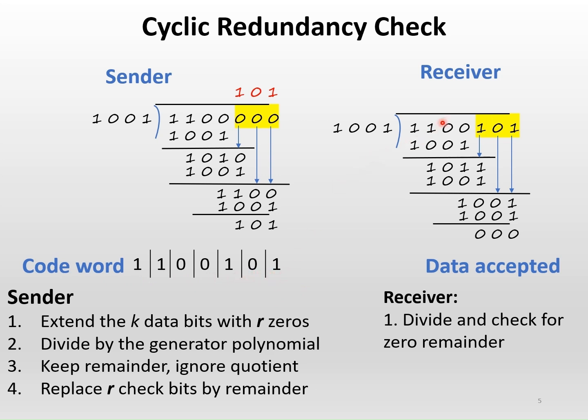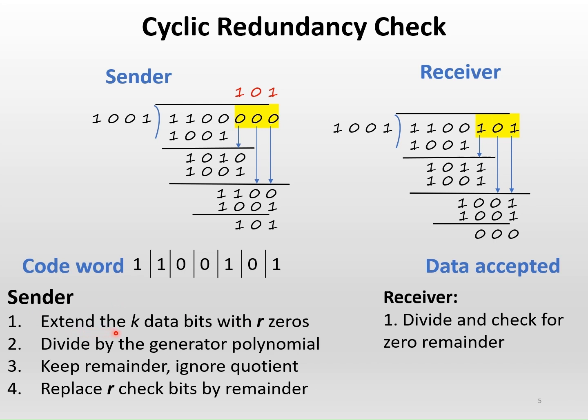So what is the receiver doing? The receiver got this code word, and the receiver knows what the divisor or the key is, and it is dividing it again. It got all zeros this time, and data is accepted. So this is the procedure.